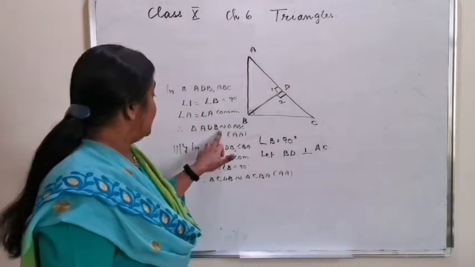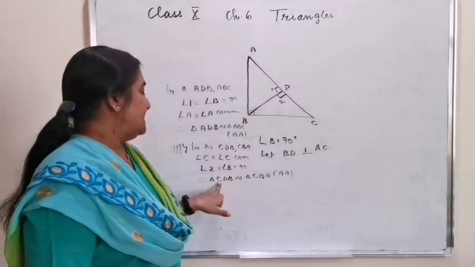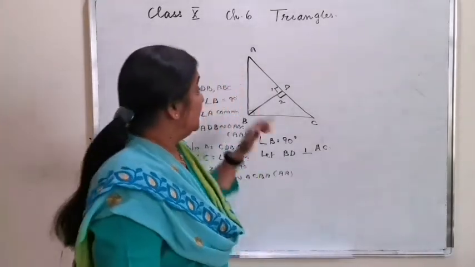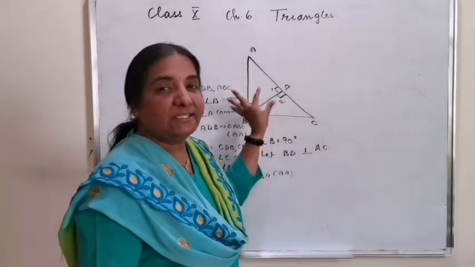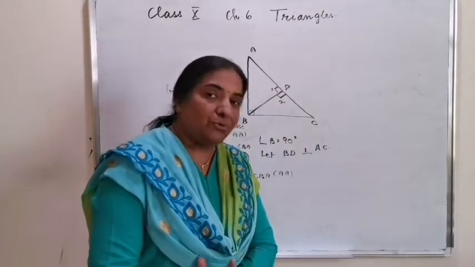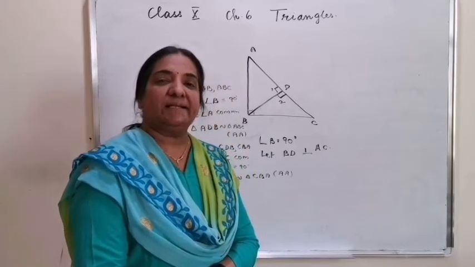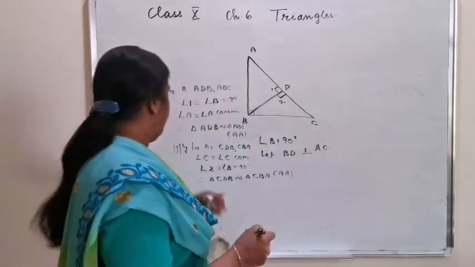By these two results, ADB similar to ABC and CDB similar to CBA, you understood that the two small triangles are similar to each other. But how do you arrange them, or what is the position of the angles in the similar triangles? Let us arrange it.